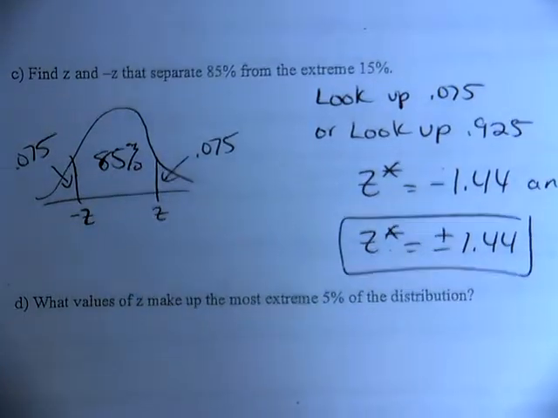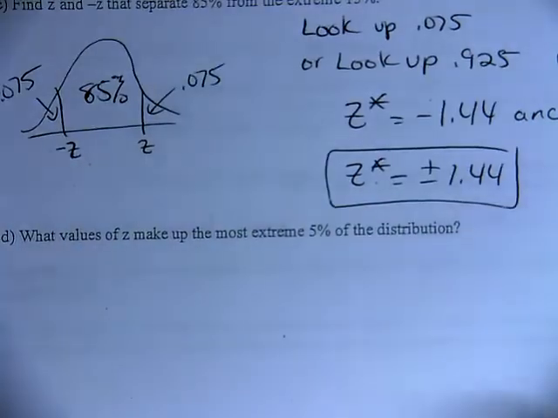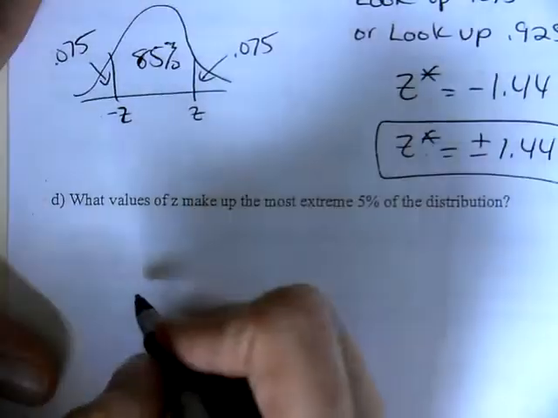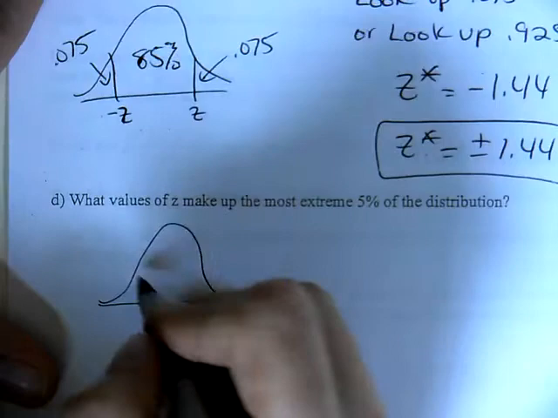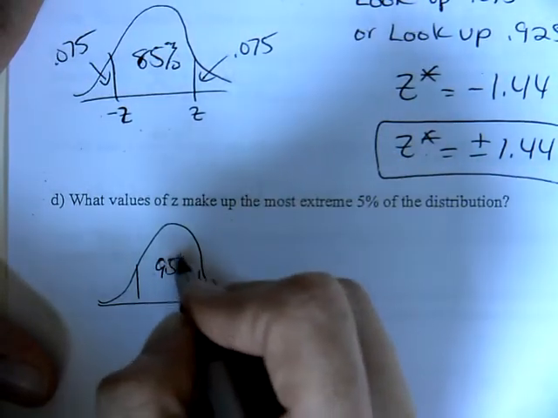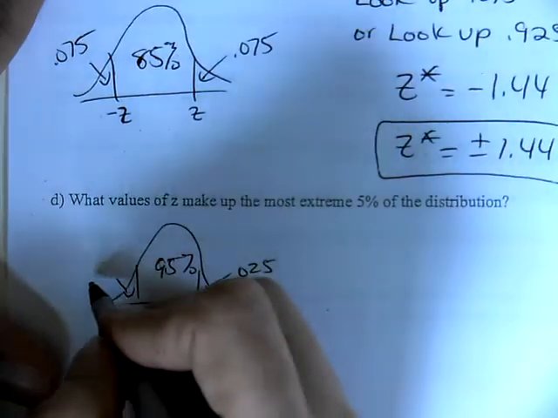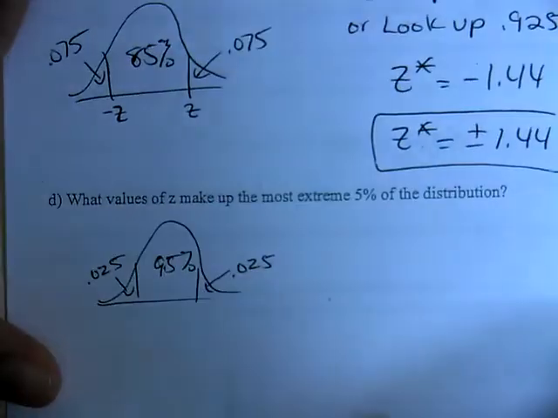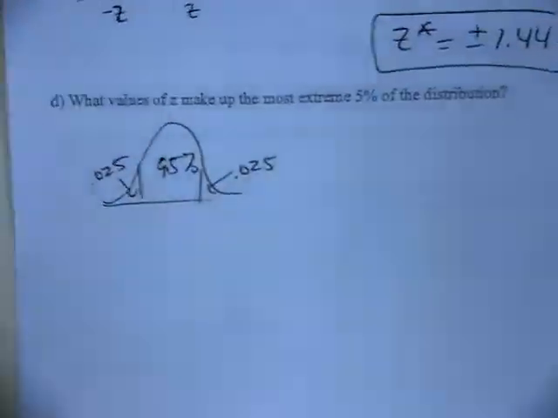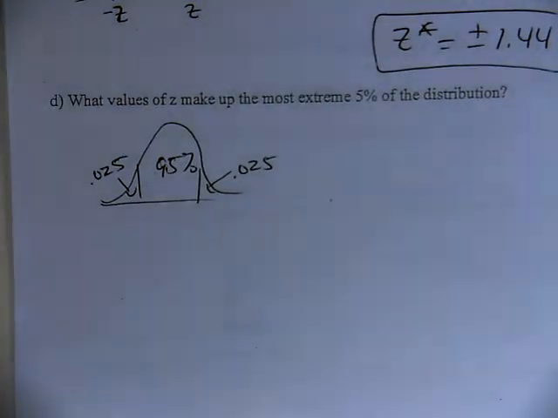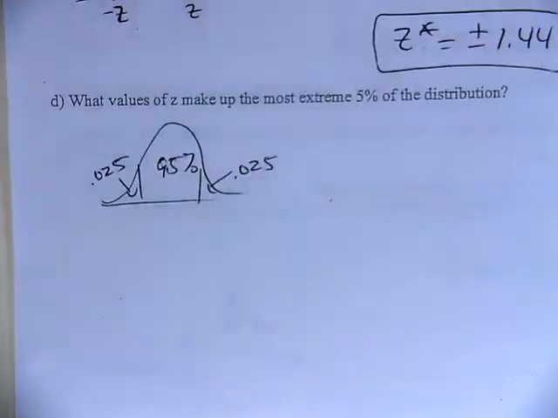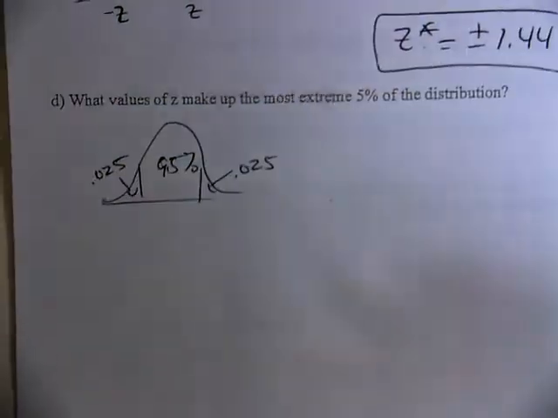Okay? So what z value makes up the most extreme 5%? So again, you're looking at the middle 95% and then 0.025 on each side. So what I would have students do in class is say, okay, now look that up in your table and let me know what you get. So try that on your own. You may need to pause.